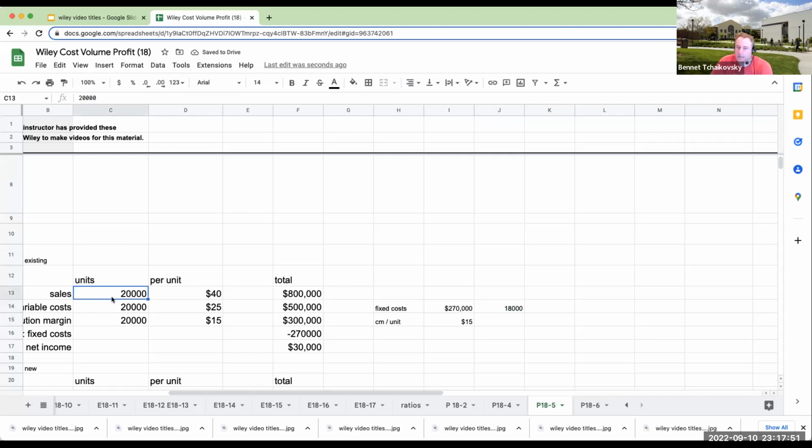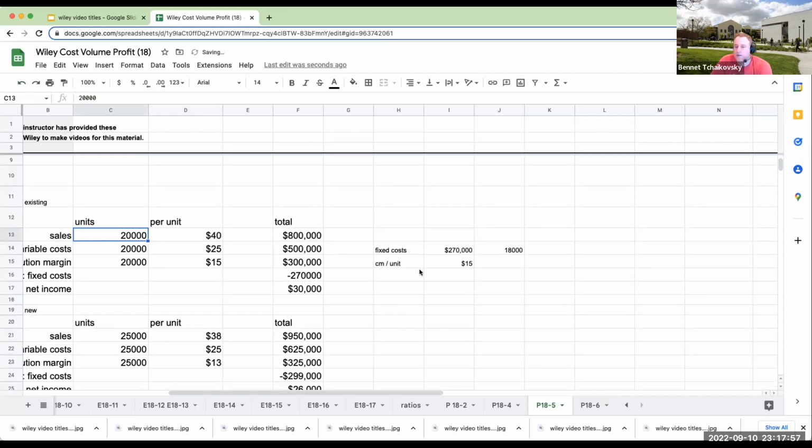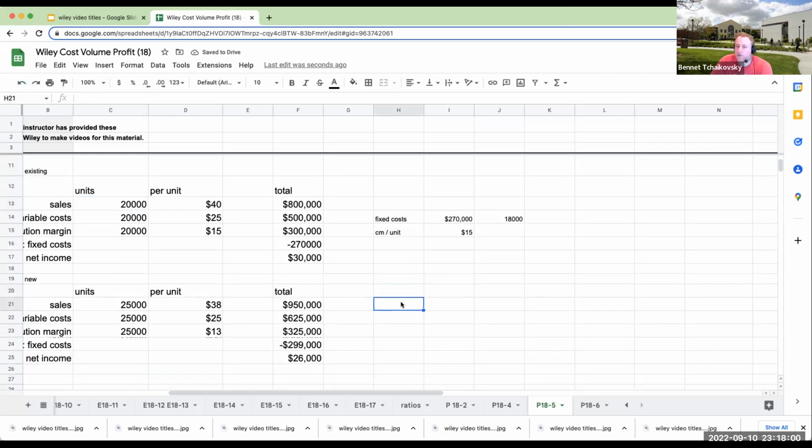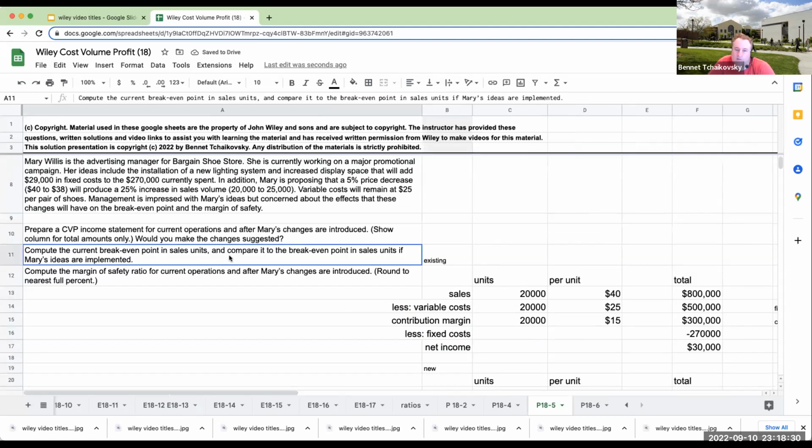If I plug in 18,000, you know it works, right? Now for the new scenario, our fixed costs are $299,000 and my contribution margin per unit is 13. Believe it or not, to break even under this scenario, we need to hit 23,000 units. Let's see if it works. There you go, it works. So the answer here is 18,000 and 23,000.